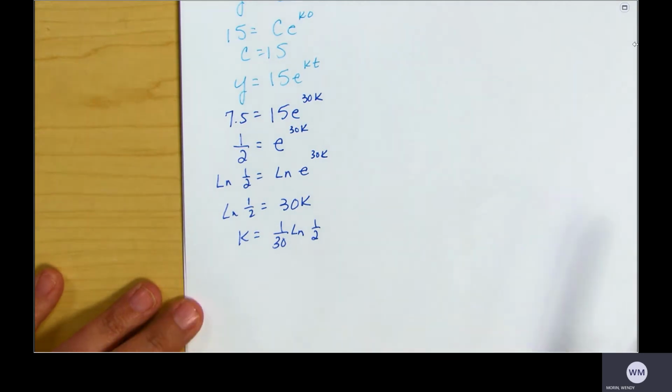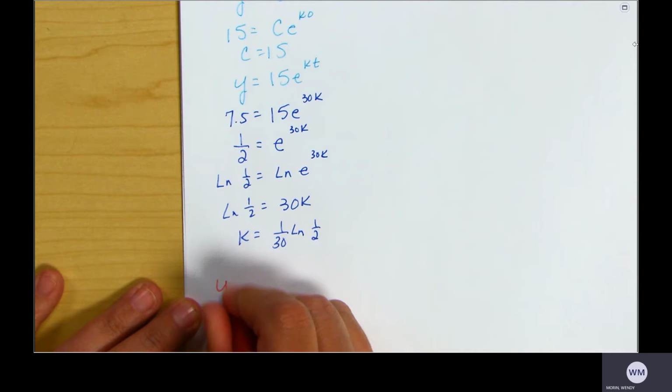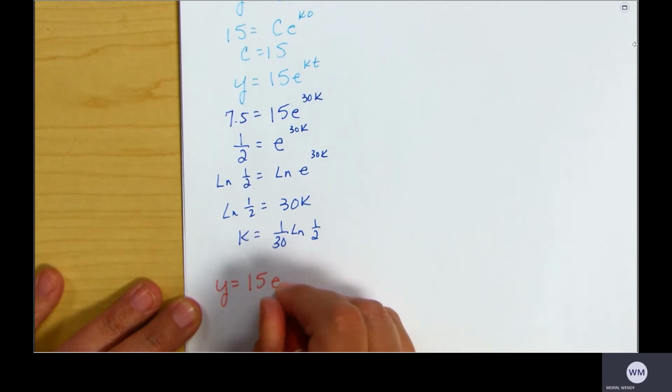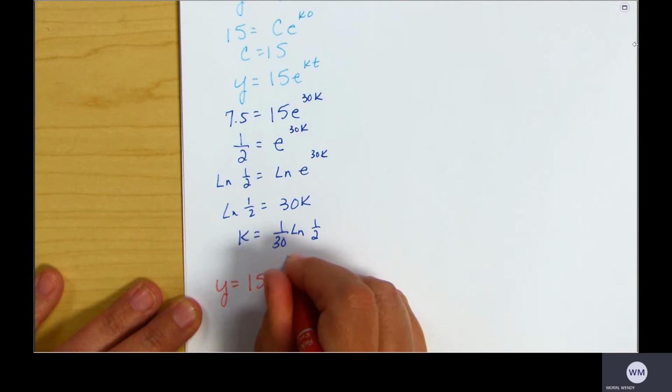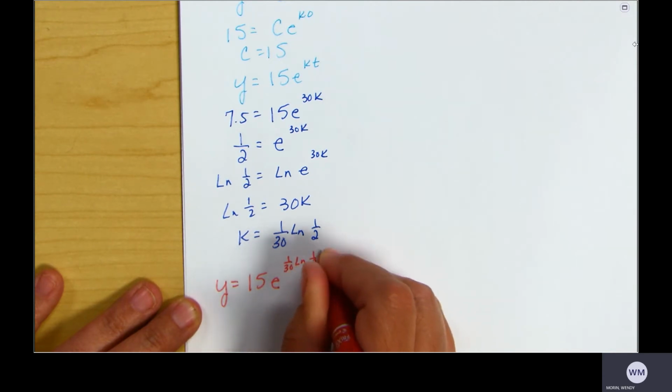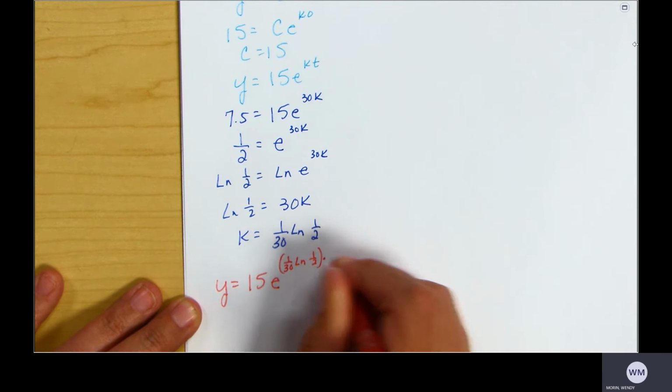So our particular solution is y equals 15e to the 1/30 times the natural log of 1/2, that's our k, times t.